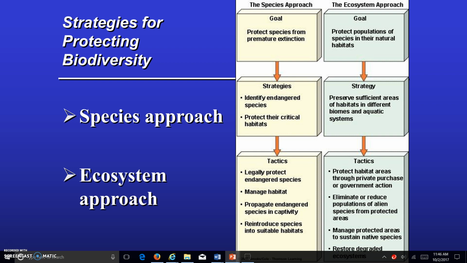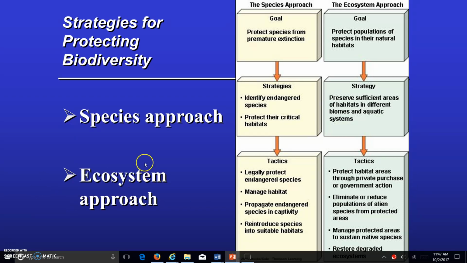Laws are put into place so that the species are legally protected and nobody can hunt or fish or harvest that species. It also involves managing the habitat and trying to propagate those species in captivity and possibly reintroducing those species into suitable habitats, like what was done for the gray wolf.